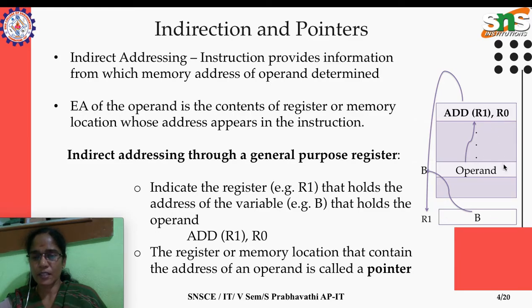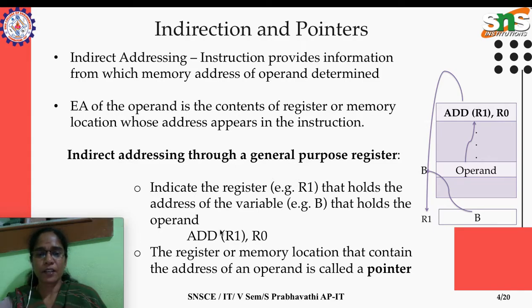This is nothing but indirection. Indirection in the sense that we did not straight away get the address of an operand; we got the address of the operand by means of a register. Indirectly we are getting the memory location, is it not? We didn't get it directly. This way of getting the address from the register is said to be indirect addressing via general purpose register.